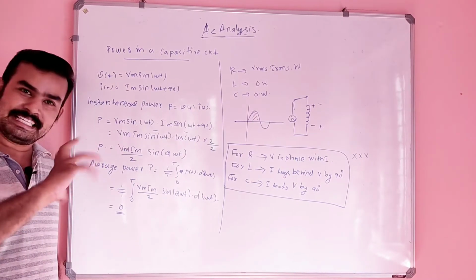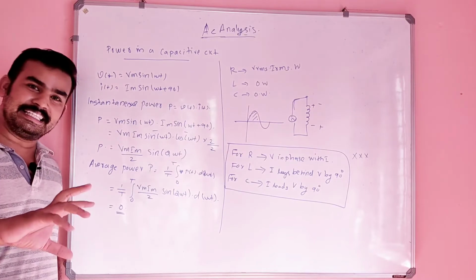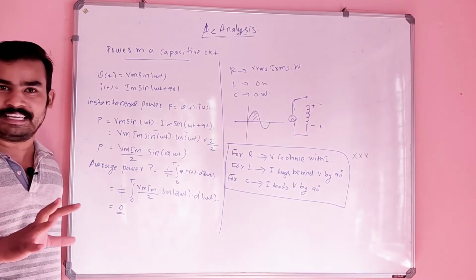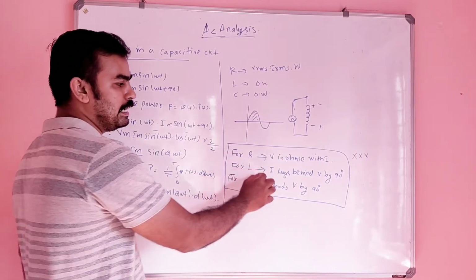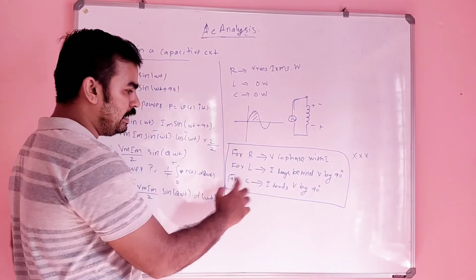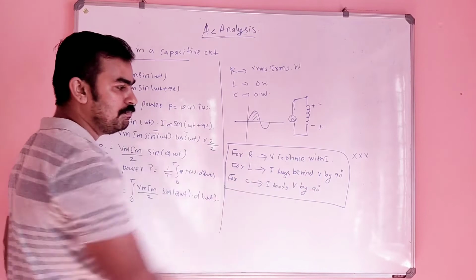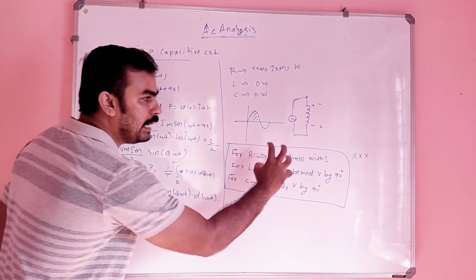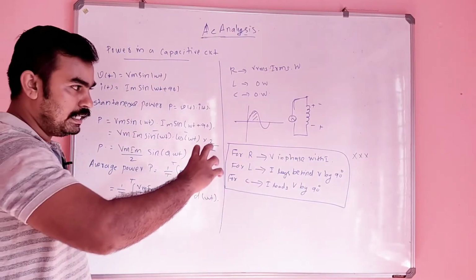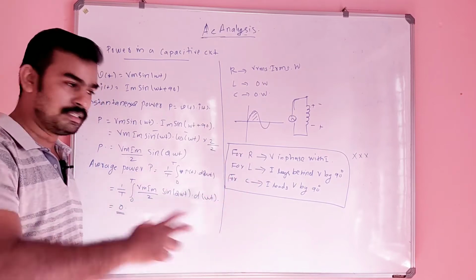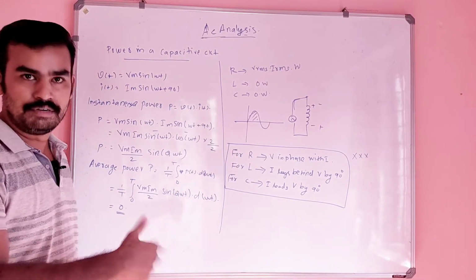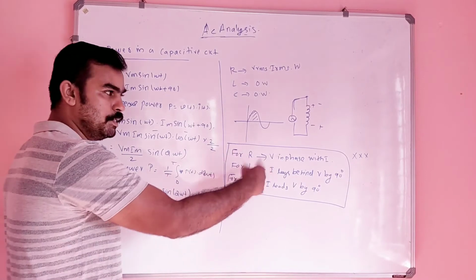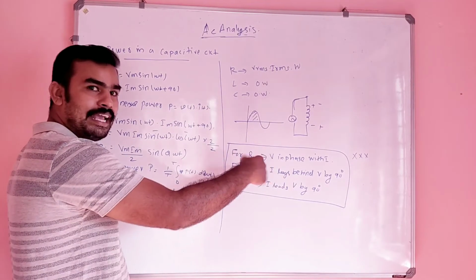It always contains some combination of resistor, inductor, capacitor. But for pure resistor, V is in phase with I, for pure inductor, I lags behind V by 90, and for pure C, I leads V by 90. This data is very important. This is very fundamental data, because we are going to use it continuously in further classes.